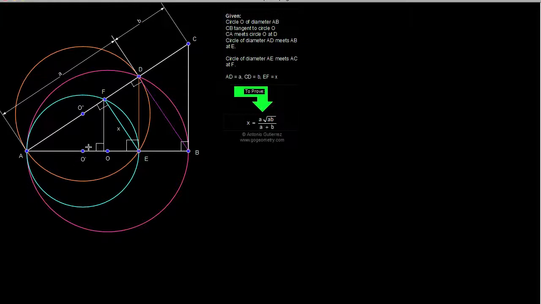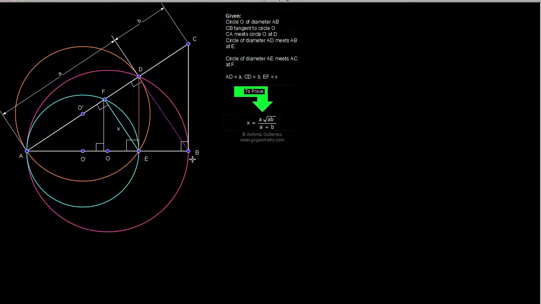To begin with, I want to look at this triangle here and this triangle here. Why? Because this triangle has a side that's equal to a, and this triangle has a side that's equal to a, and they both have this side DB in common.